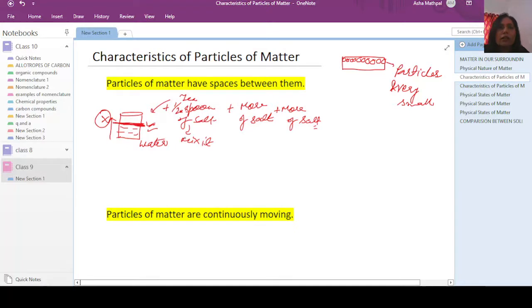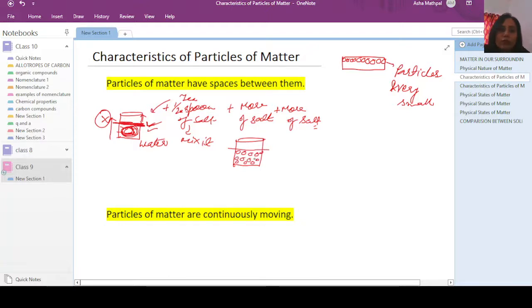This salt is of course present in the water here, but if there were no spaces among the water particles, then the level of the water should rise, isn't it? But even after adding it 3 times, you are seeing that the level of the water is still the same. So it means what? This beaker, which had water up to this mark, is obviously having water, and the water is having what?